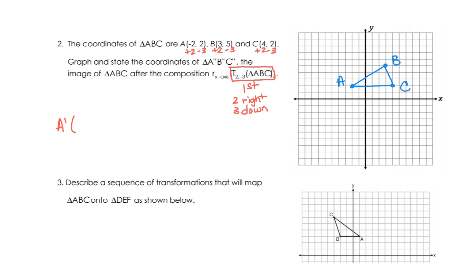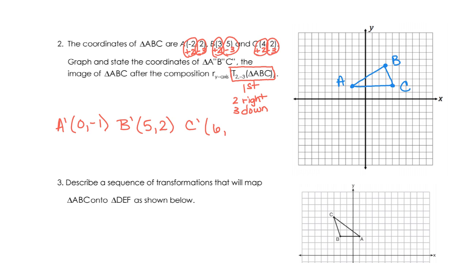So A prime will be at, let's see, -2 + 2 is going to give me a 0. 2 - 3 is going to give me a -1. Right. B prime will be at 3 + 2, which is 5. 5 - 3, which is 2. And then C prime, 4 + 2 is 6.